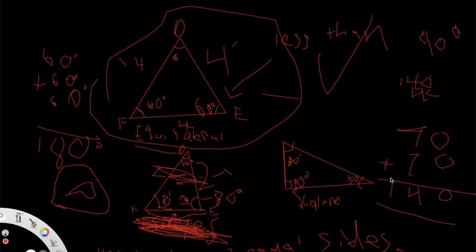And this all together has to equal 180. It can be different, like this has all three different. So this can be like a 4, this like a 6, and then this like 7. So this can be 7, 6, 4.